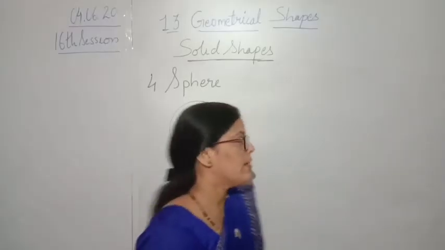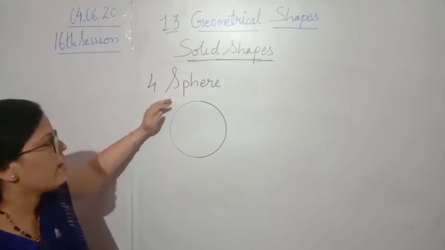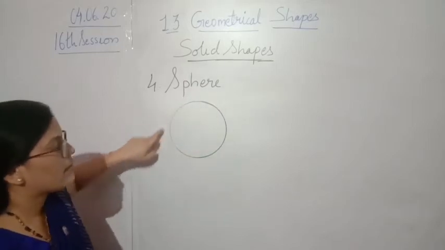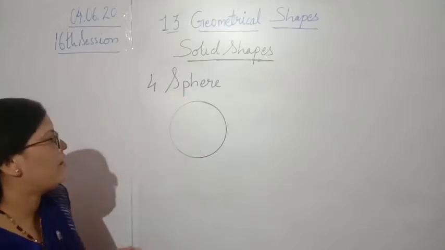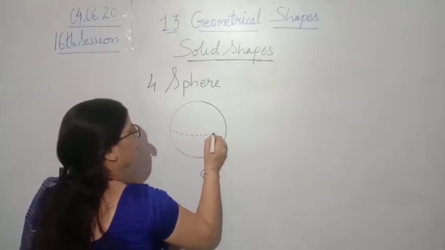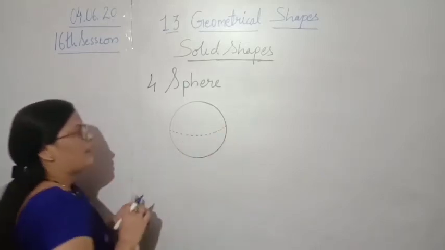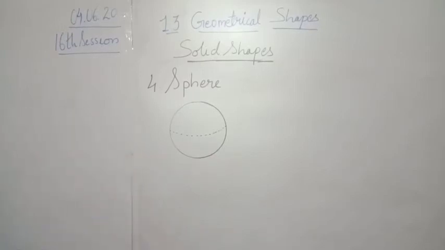So here is the 4th solid shape, sphere. What is this? This is not a circle, it is a sphere. This is the shape of sphere. When we draw it, it seems like a circle. Now see the examples of sphere.